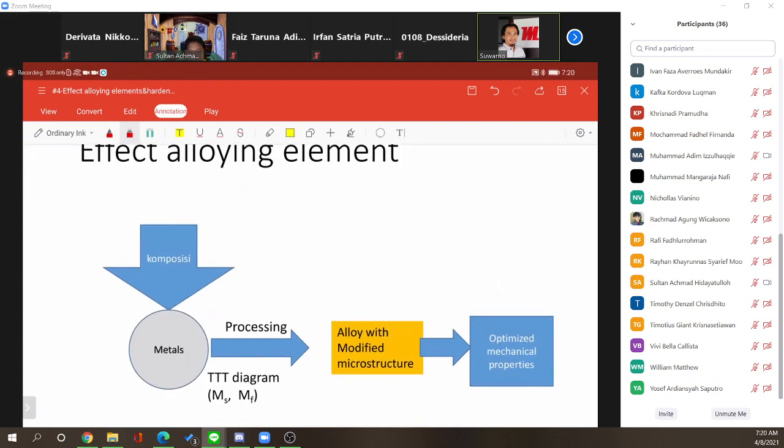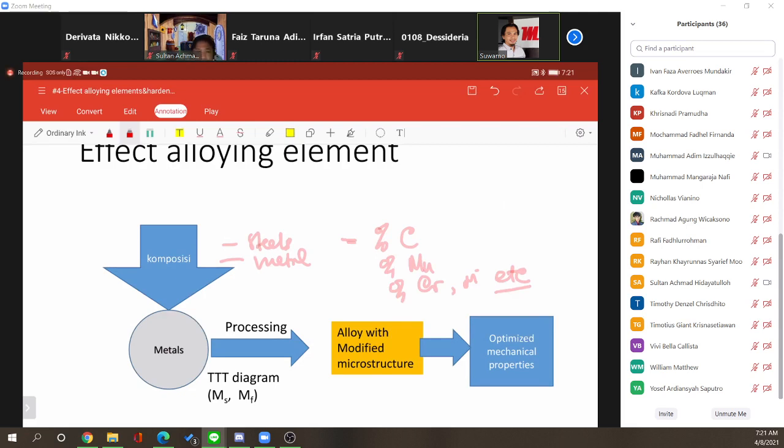So if we have a composition of steel sample, what I mean by composition is, for example, the percentage weight of carbon, the percentage weight of manganese, and the percentage of chromium, nickel, etc., which is inside the steel.